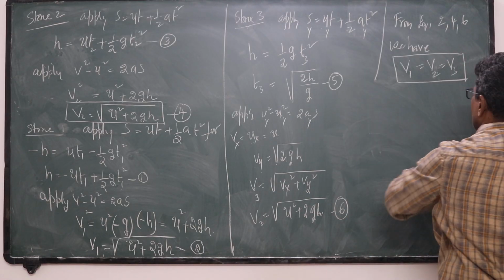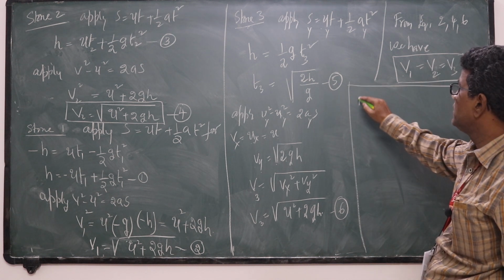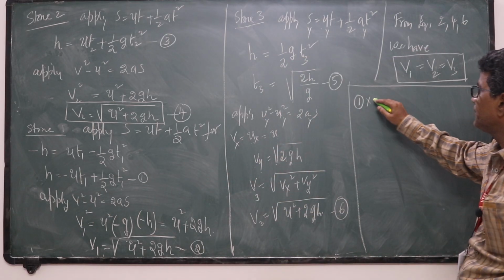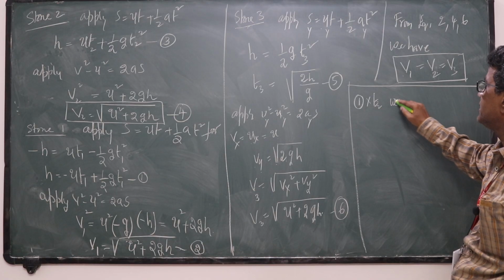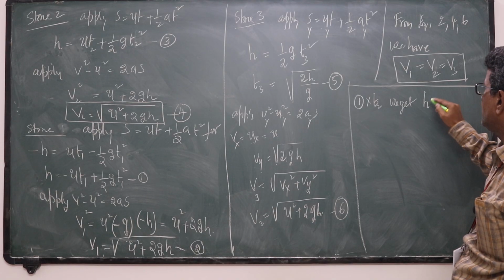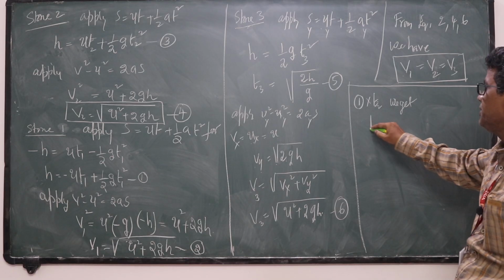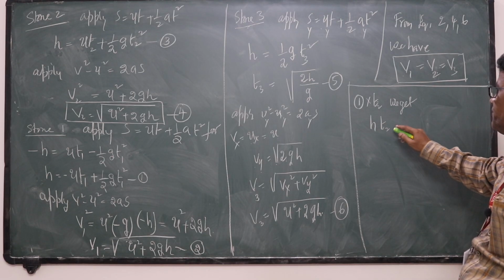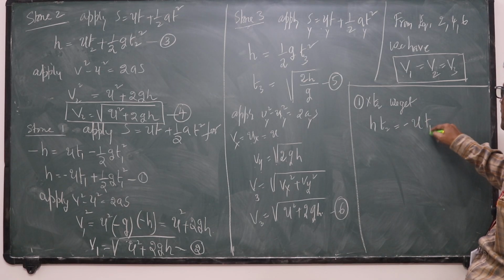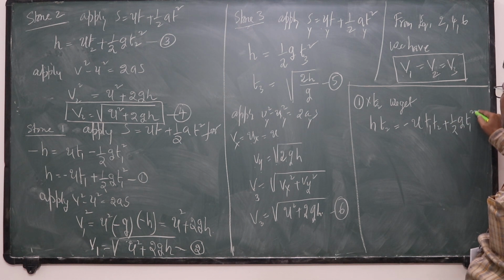So what I am doing here: equation 1 is multiplied with T2. So we get h T2 is equal to minus U T1 T2 plus half G T1 square T2.